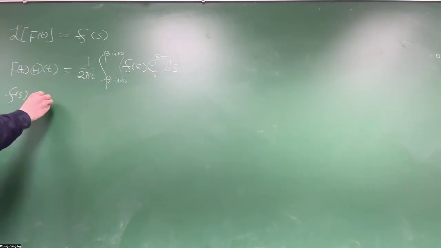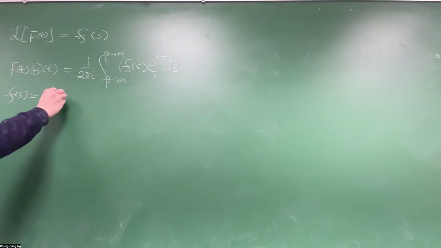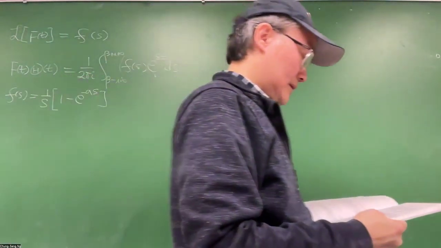The second one is F(s) = 1/s (1 − e^(−as)). Right.